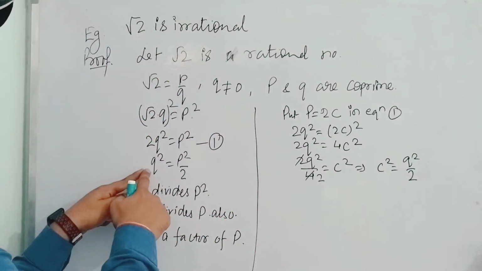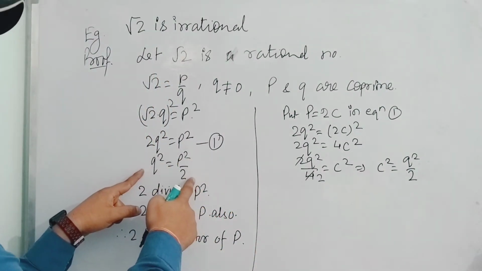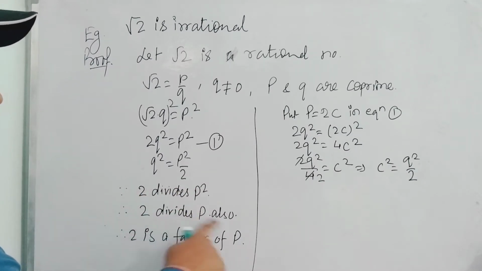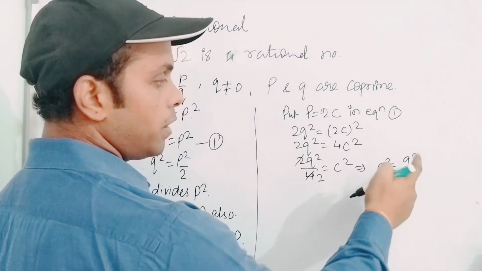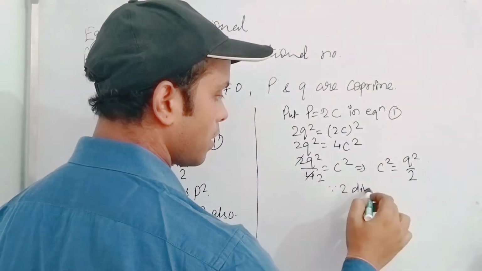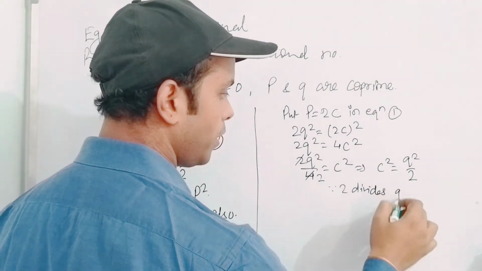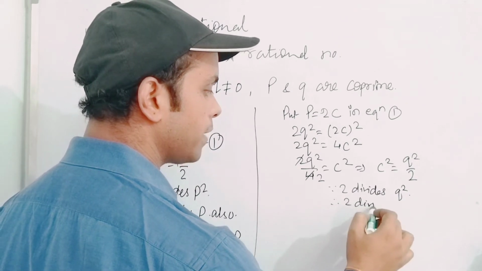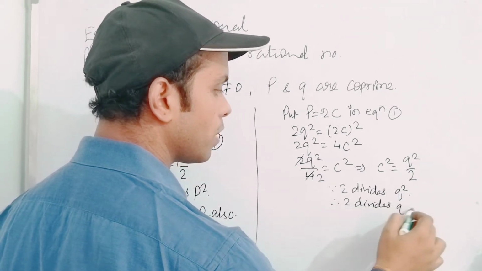Which means what? Look here, q square equals p square by 2 we obtained. So we concluded that 2 divides p square and 2 divides p. Similarly, 2 divides q square now. Therefore, 2 divides q also.